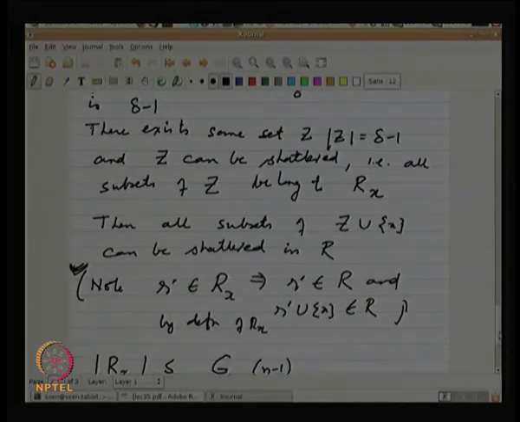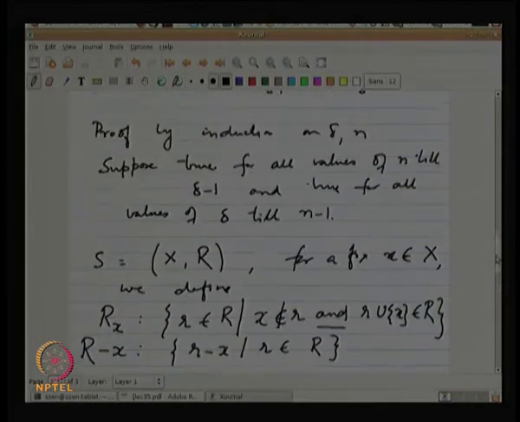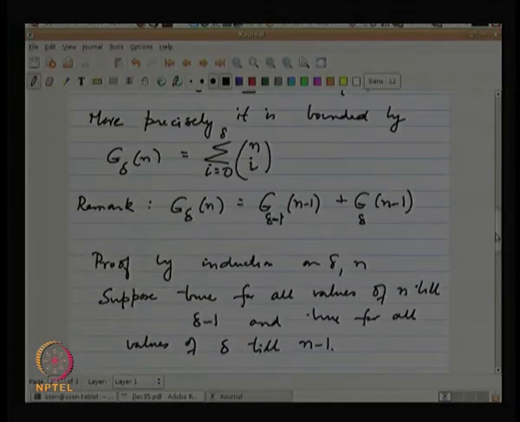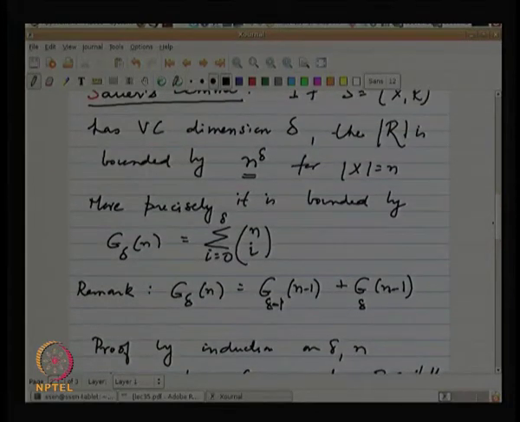So eventually what we get out of this is that if the VC dimension is bounded by delta, then the total number of ranges for a finite subset of n points can be bounded by n to the power delta. So, it suddenly becomes a polynomial.